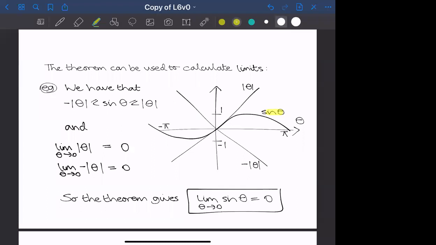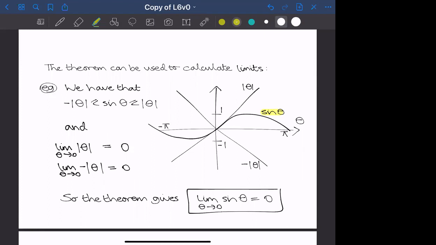The domain is the whole of the real numbers. We can also use a smaller domain near zero. So that's what we do to apply this theorem. And then I ask, what is the limit of sine theta as theta goes to zero?